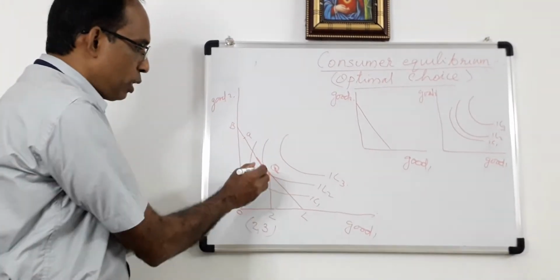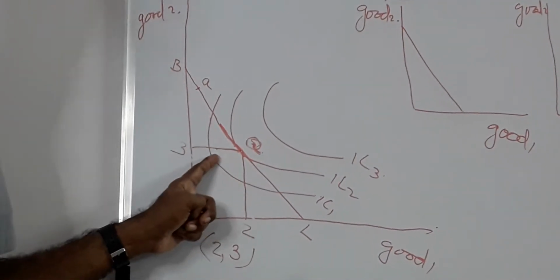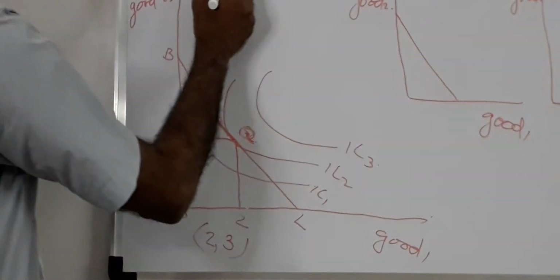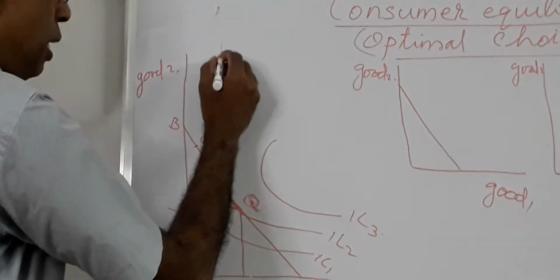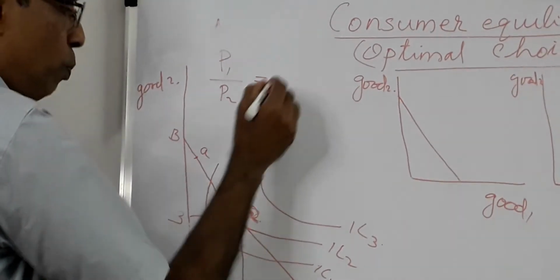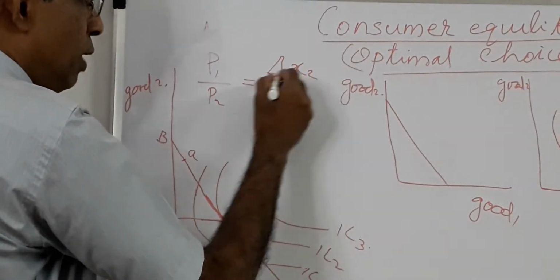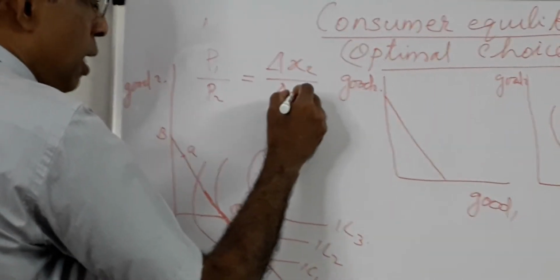And at this point, the slope of the budget line and the slope of the indifference curve become equal. The slope of the budget line is represented by P1 divided by P2, and the slope of the indifference curve is delta x2 divided by delta x1.